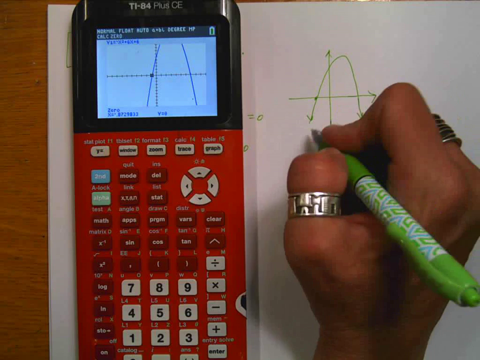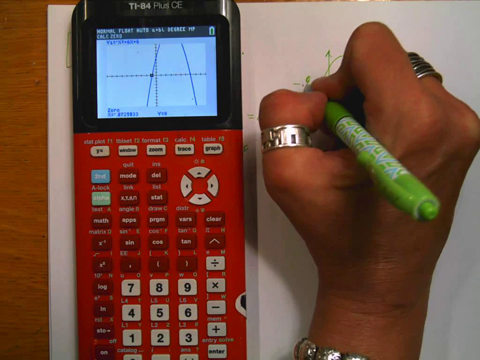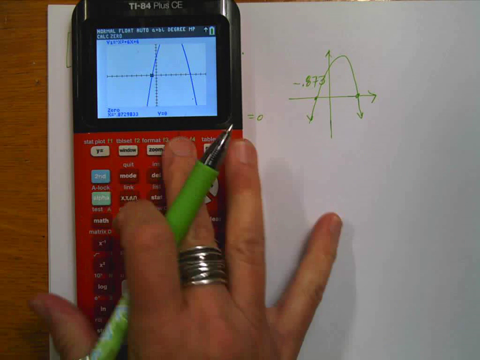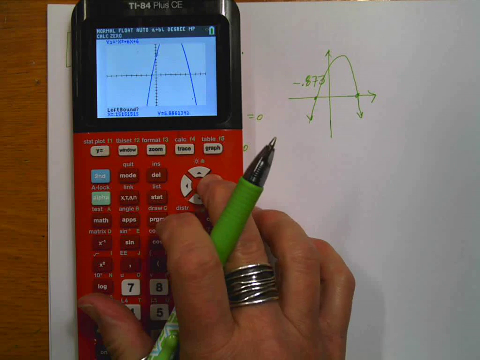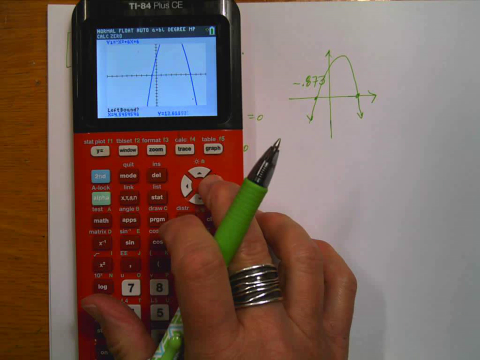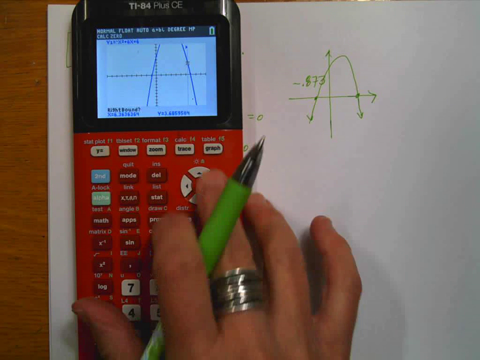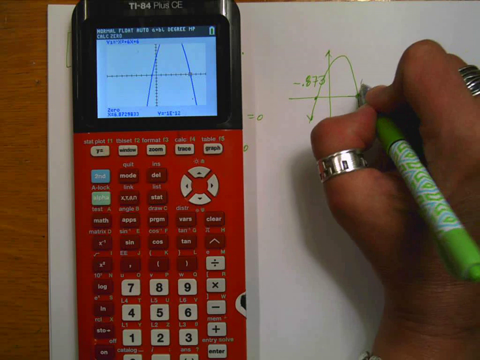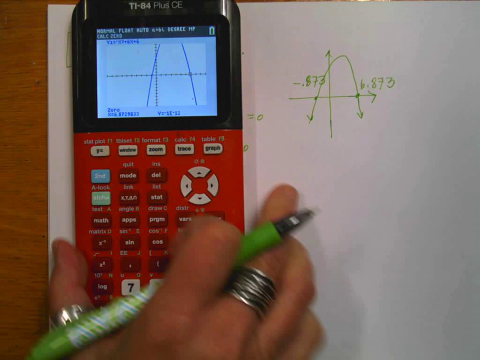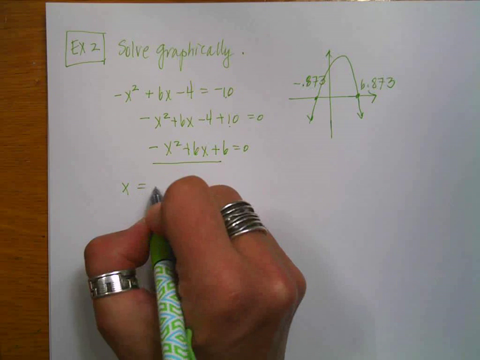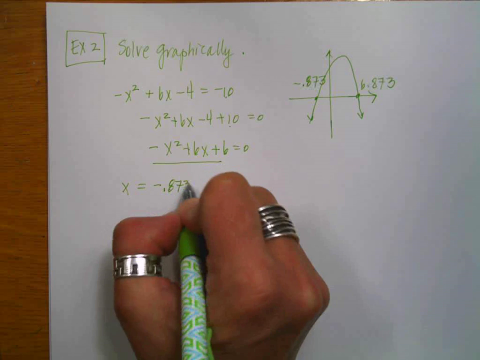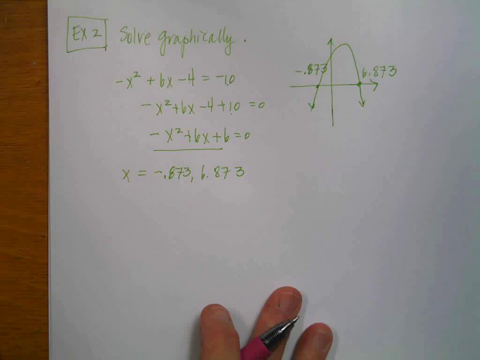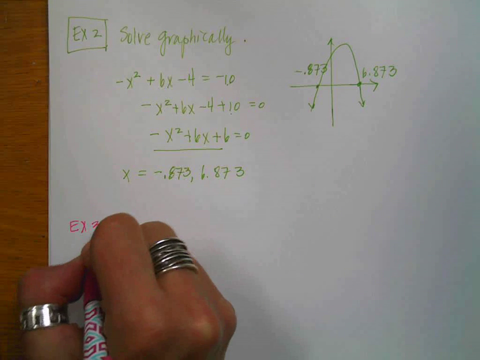And this one is negative 0.873. And then I'm going to go find the other one. So second calculate 0. Now I have to go across the top, keep going. There it comes. There's the left. Cross the x-axis, enter, enter. And that one tells me that the next one is 6.873. So there's my work. And then I'm going to report my answers, negative 0.873 and 6.873.